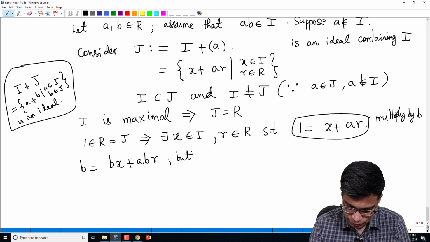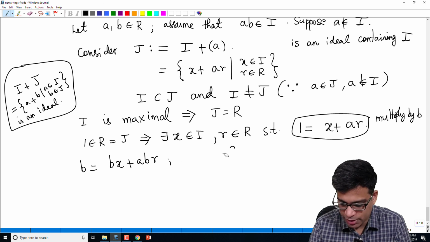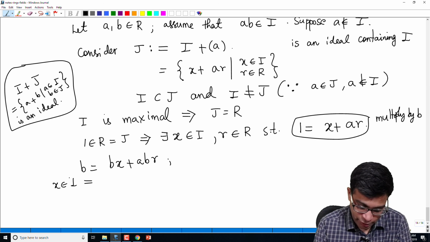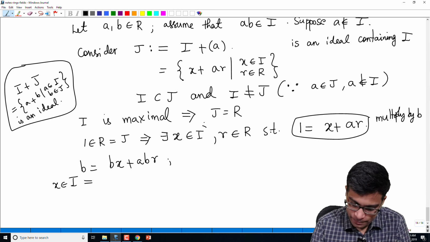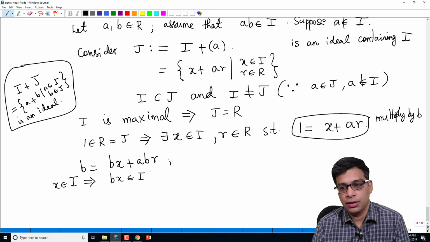But now let's look at some obvious implications. X is in I, in fact, right? X is in I implies Bx is in I.